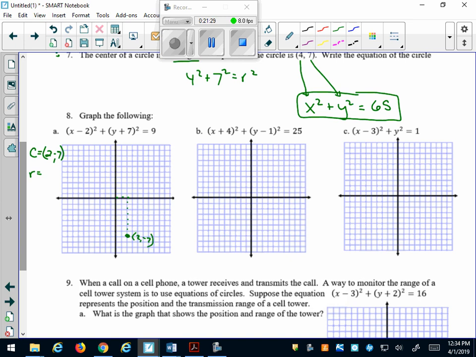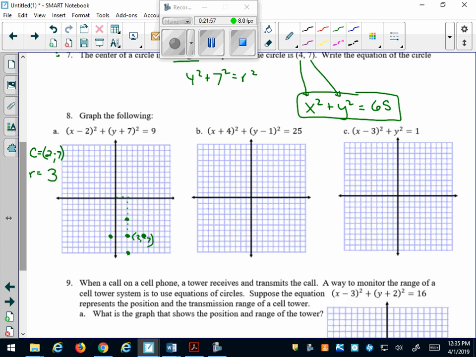What's the radius? 3. Right? Radius is 3. So there are 4 points that you can absolutely find for sure on this graph. They are exactly 3 up, exactly 3 to the left, exactly 3 down, and exactly 3 to the right.